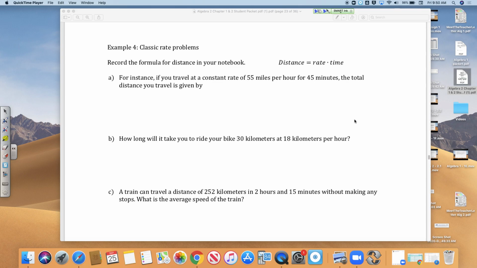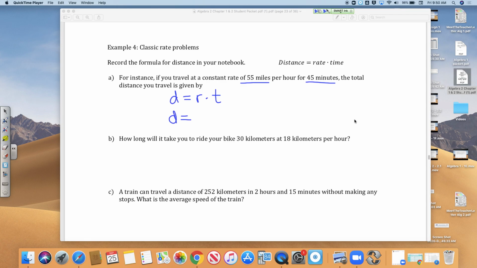For instance, if you travel at a constant rate of 55 miles per hour for 45 minutes, the total distance you travel is given by distance equals rate times time. We want to figure out how many miles you would be traveling if you are going 55 miles per hour for 45 minutes. So we're trying to figure out distance in this problem.